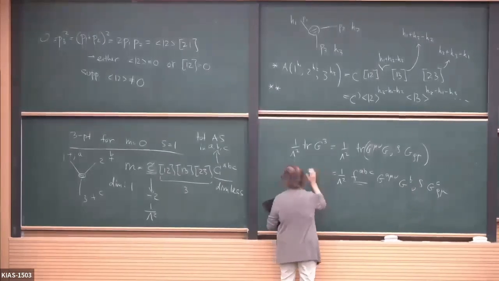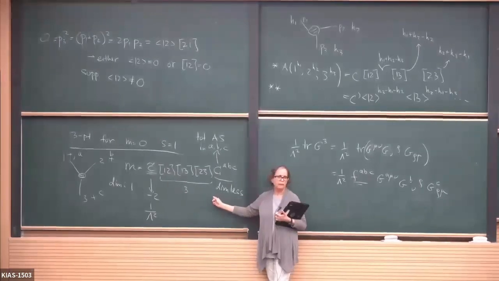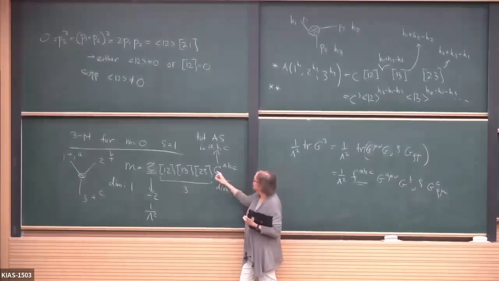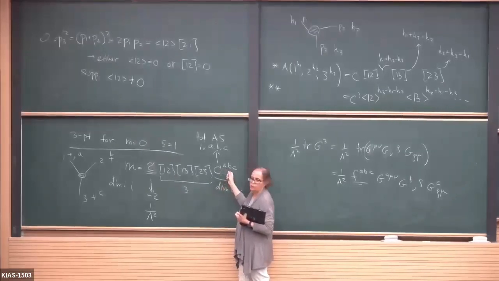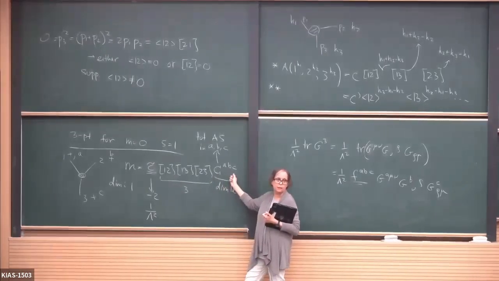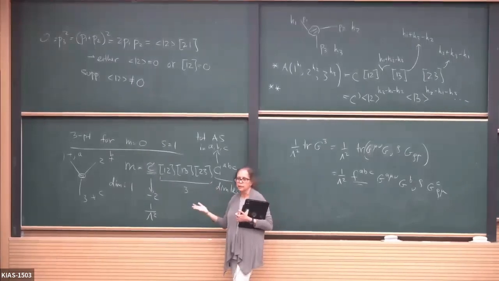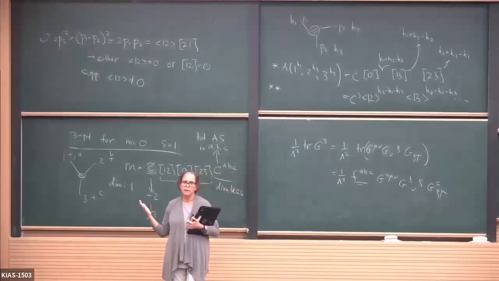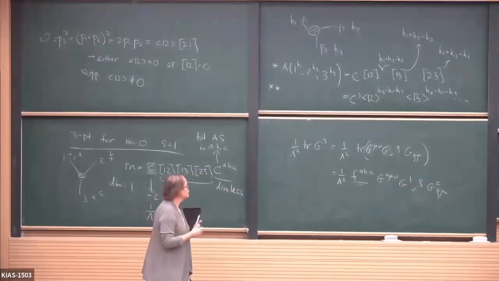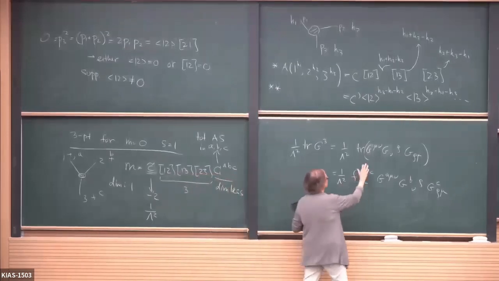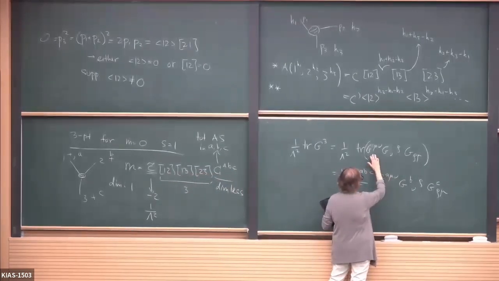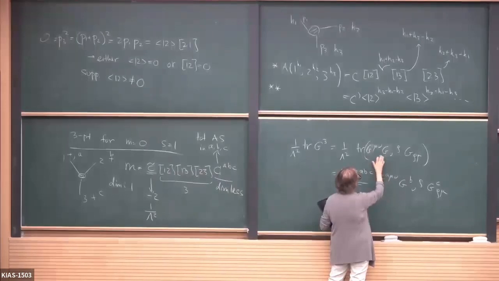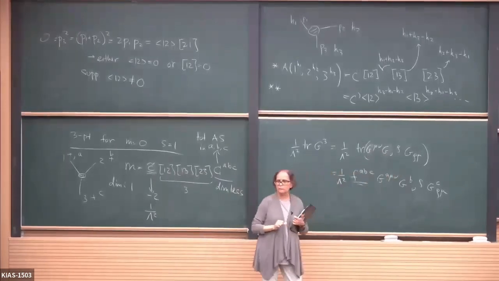So this is it, and we just discovered it in this little exercise. We also see right away that it's proportional to the f^{ABC} because it's totally anti-symmetric, which tells you that you cannot write it for photons. You cannot write such a term with photons because for F_{μν}, this thing vanishes identically.